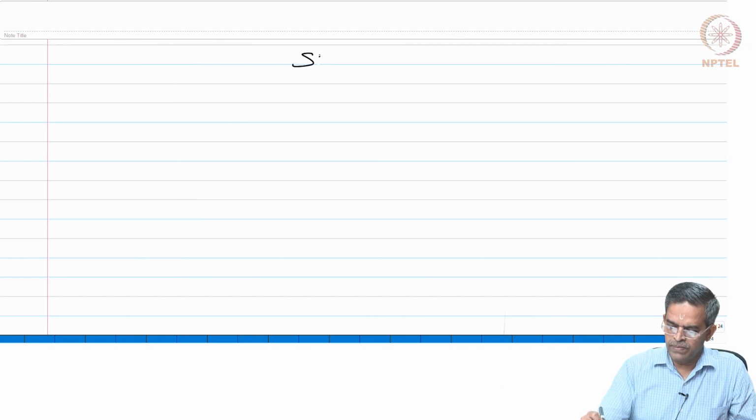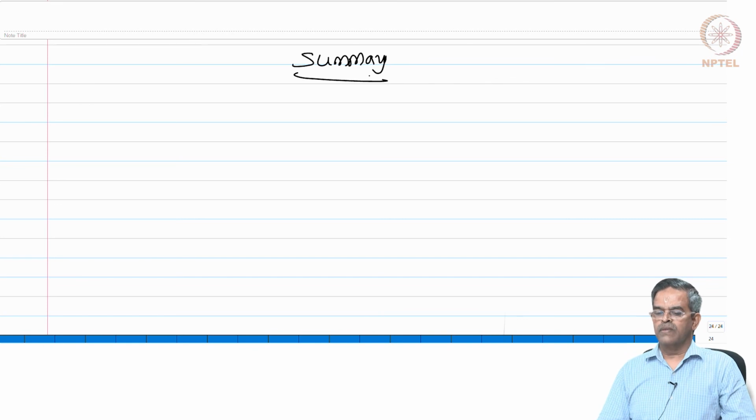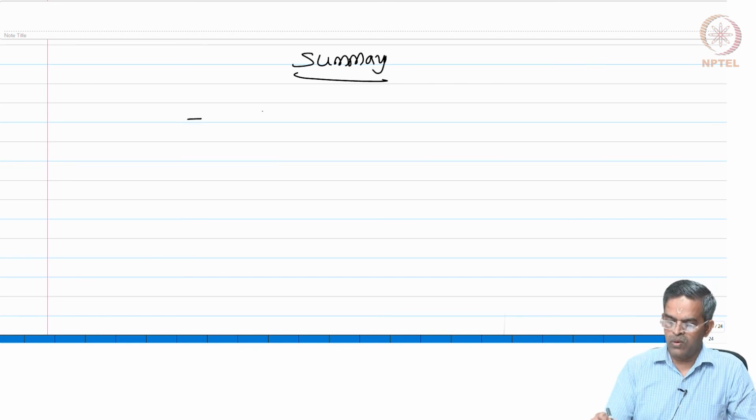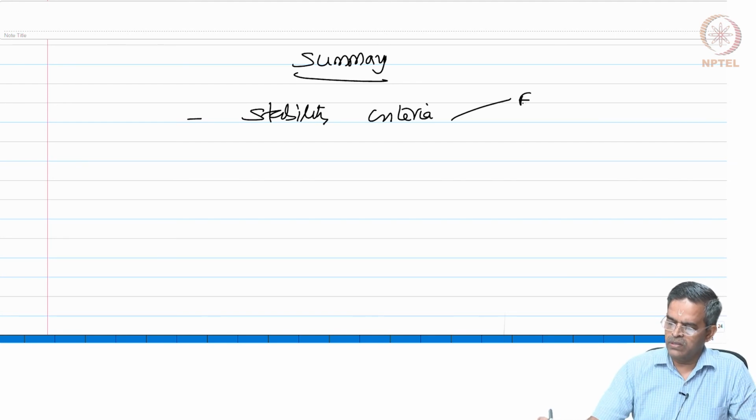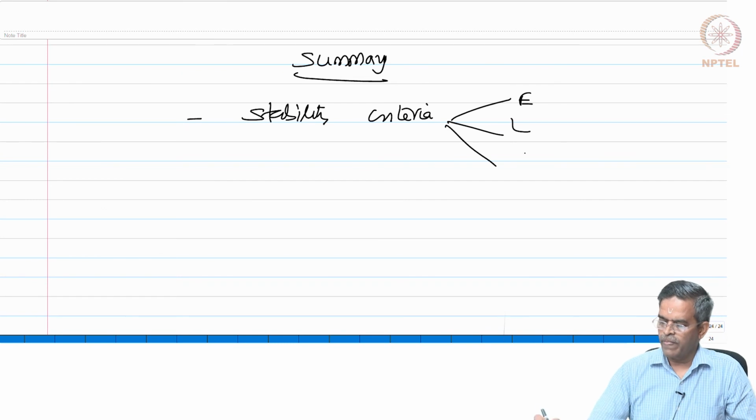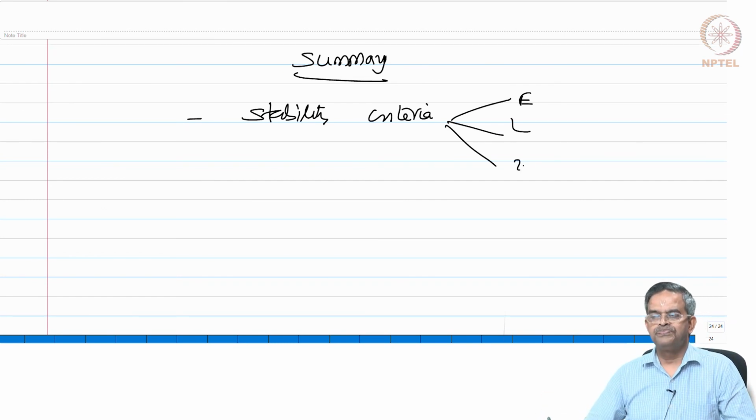So, friends, in this lecture we learnt about stability criteria, Euler's, Lyapunov, and the third one, which is based on potential energy.